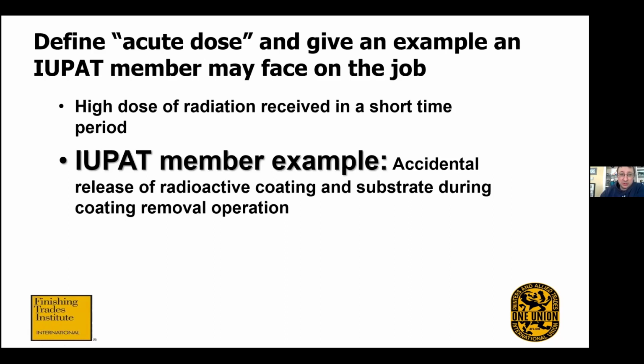This here would sort of be an accident, but I just told you that 2 accidents happened recently within the last few years at Hanford, so these still happen. How about an IPAT team member accidental release of radioactive coating of a substrate that was contaminated with radiological materials?